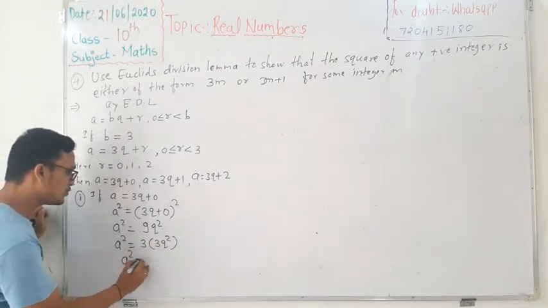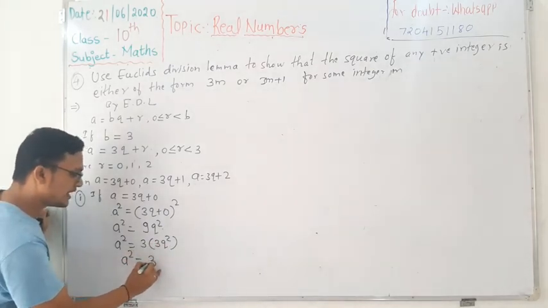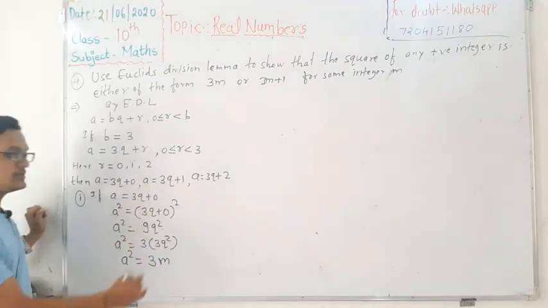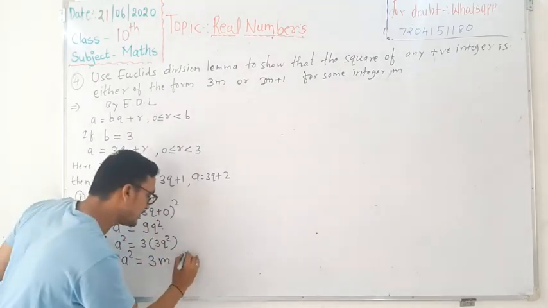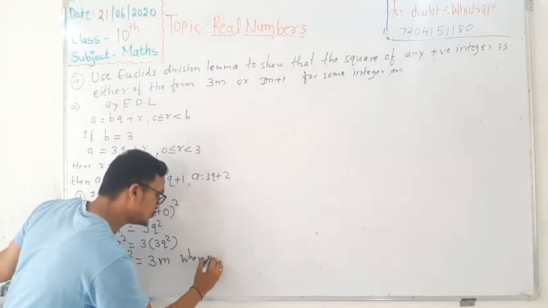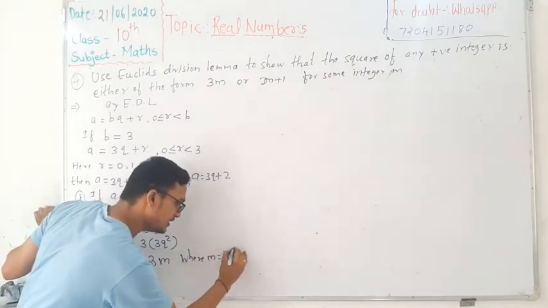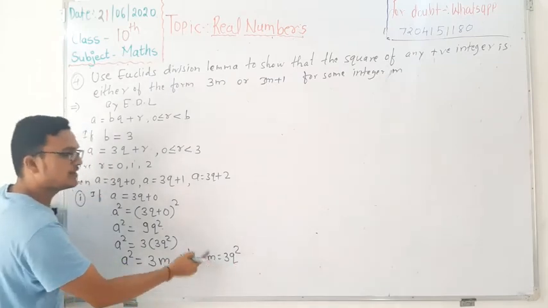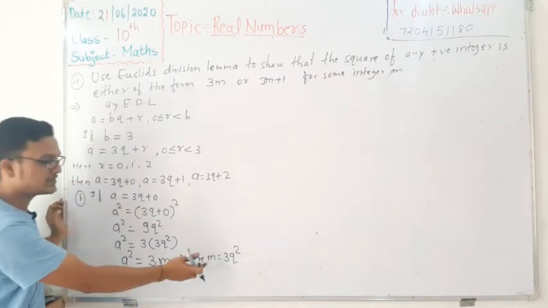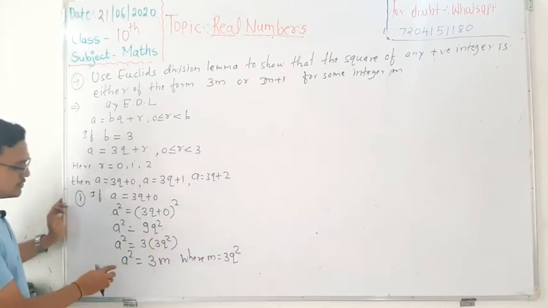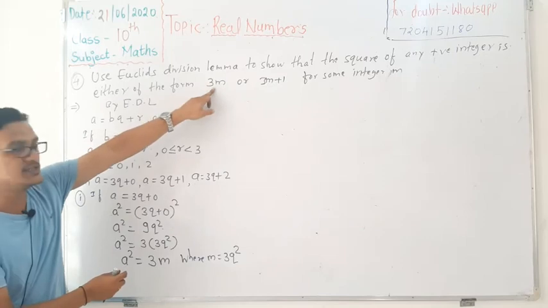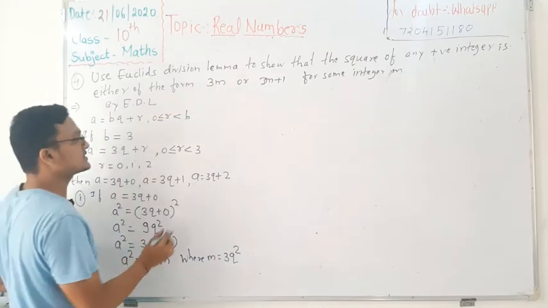This 3q square I will consider as m, where m equals 3q square, and m is some positive integer. So here I got a square equals 3m, that is this form. Okay, so this is with the first condition.